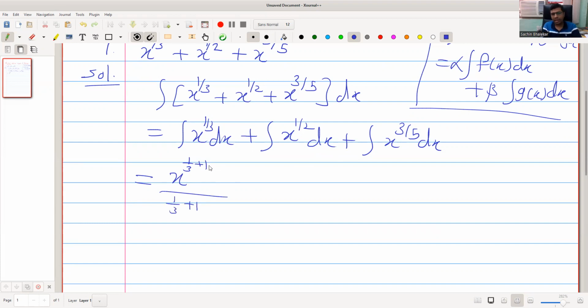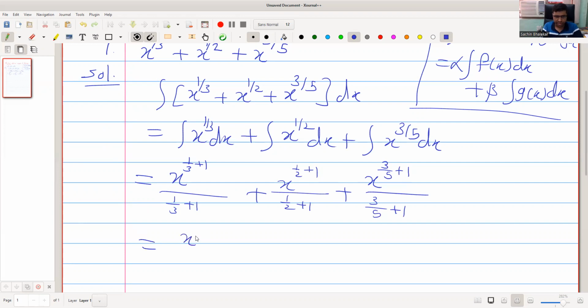Okay, we can write directly. Since this is the first example, I'm writing each step. Otherwise we can directly take this as x raised to 4 by 3, divided by 4 by 3 plus and x raised to 3 by 5 plus 1 divided by 3 by 5 plus 1.